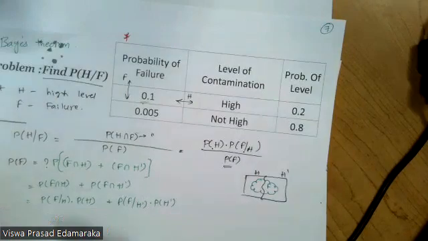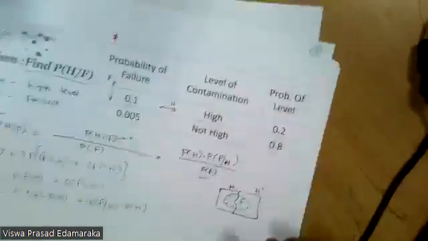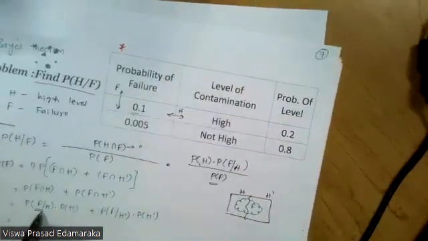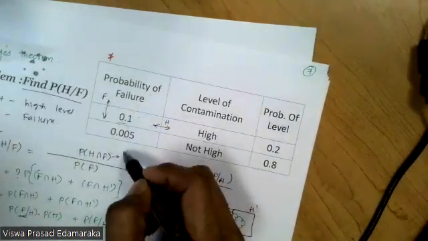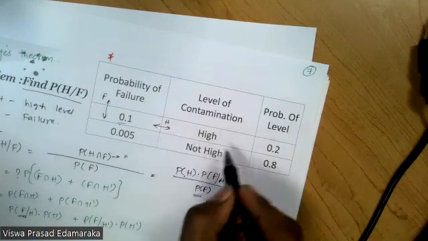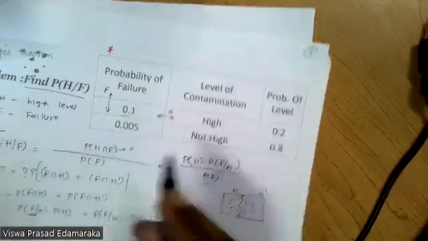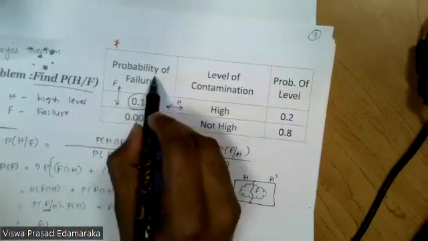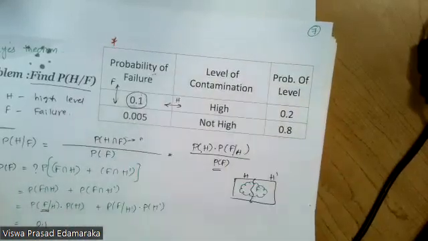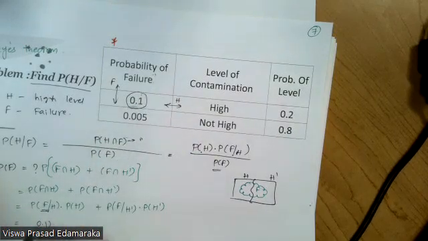Okay. Let us insert all the values. P of F given H. Remember, that is probability, not the value. He has given probability directly, 0.1.